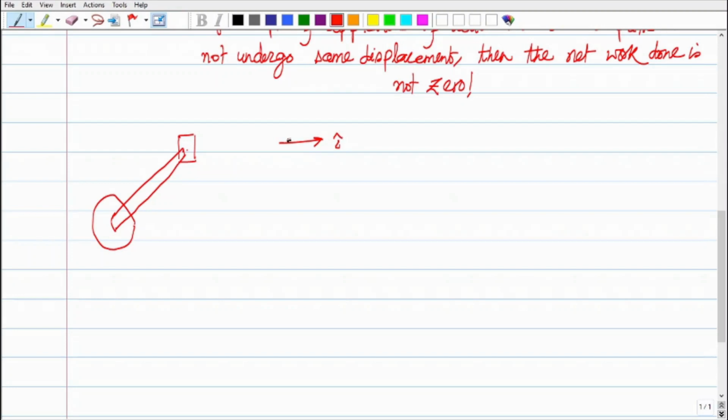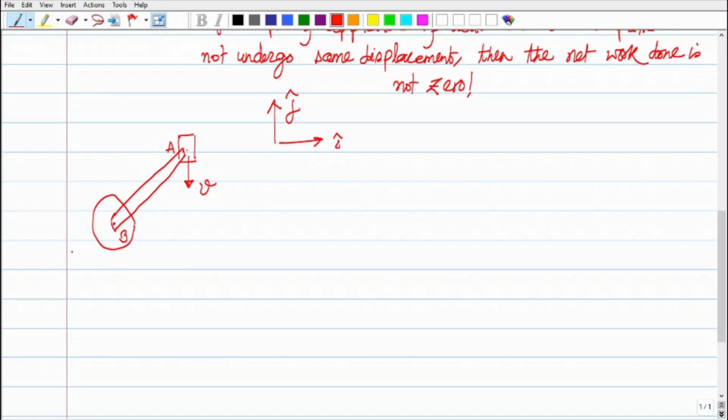This is I, this is J. Suppose that the collar is going down with a velocity v. These are points B and A. So the point A on the link will also undergo the same velocity. What can you say about the velocity of the point B on the link?